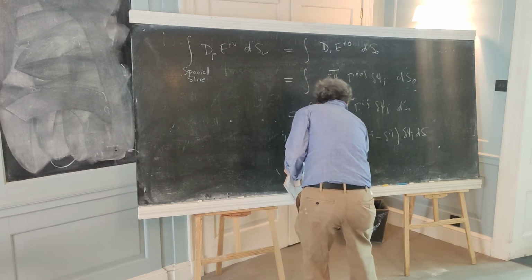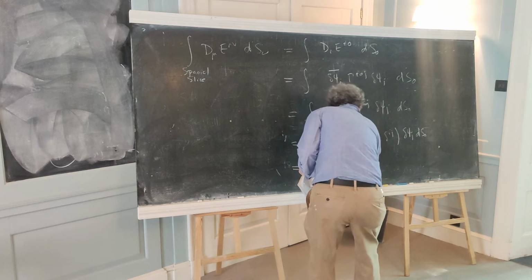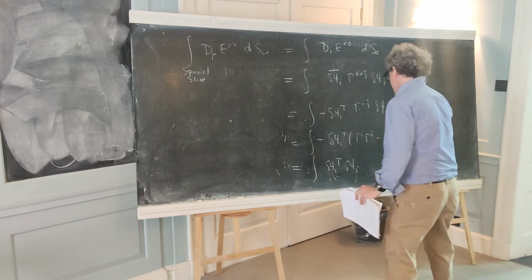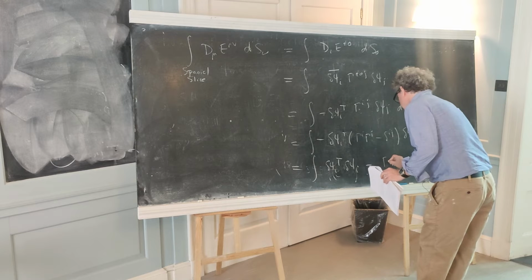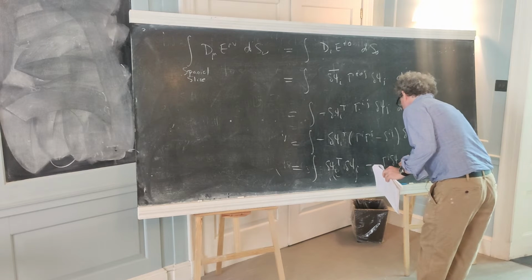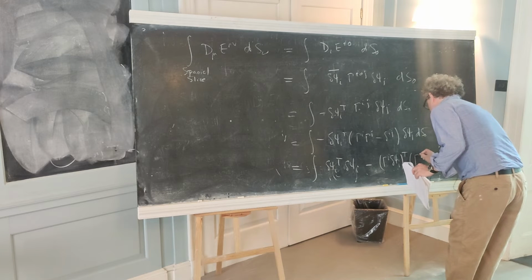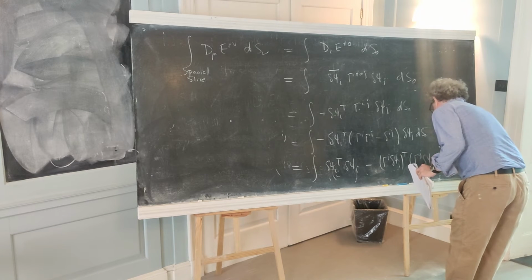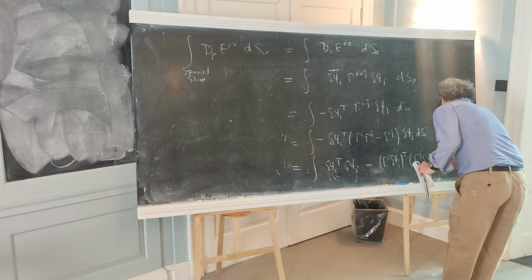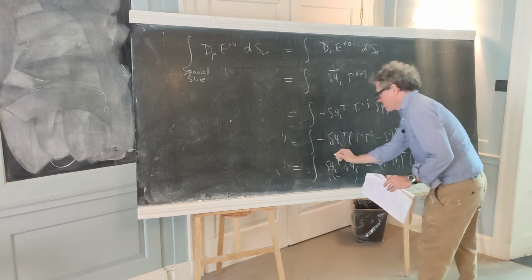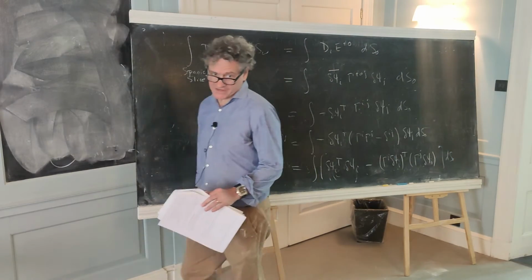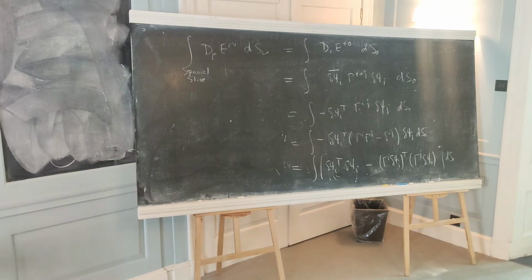This is delta psi I transpose delta psi I, and then minus gamma I delta psi I transpose gamma j delta psi j. The first term is positive definite. We're now looking at just spinorial geometry.